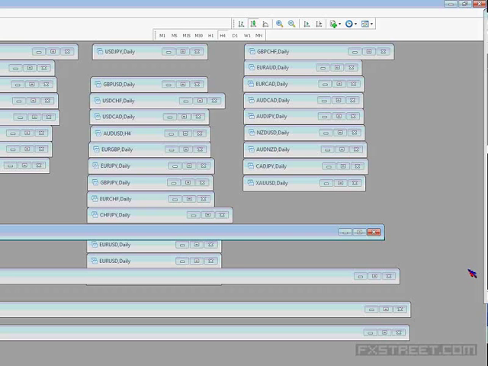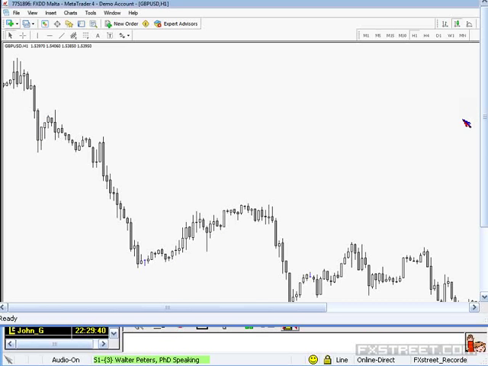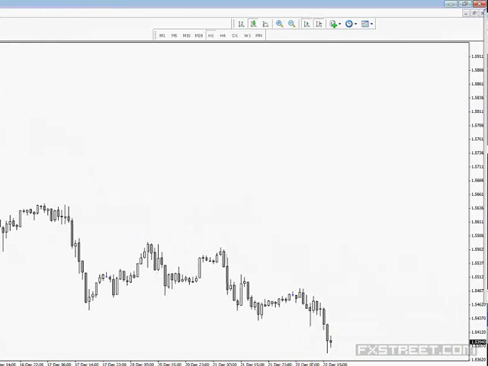Pound dollar. Okay, we got a couple pound dollars. Let's do that one. Time frame. Does anyone want to look at a certain time frame? Is there a time frame that anyone prefers to see here? 1 hour, daily, 4 hour. Okay, let's do 4 hour.